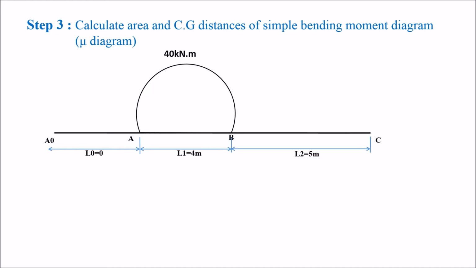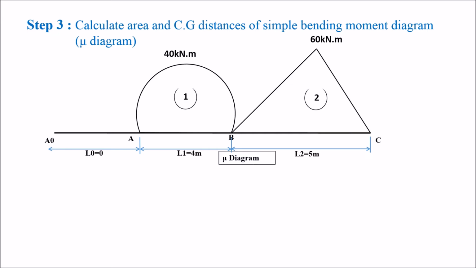It is parabolic in shape because of the UDL. And this is the simple bending moment for span BC. It is triangular in shape. So calculate the area and x bar of the mu diagram.